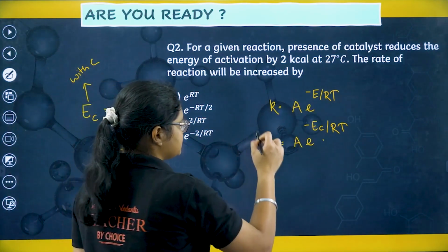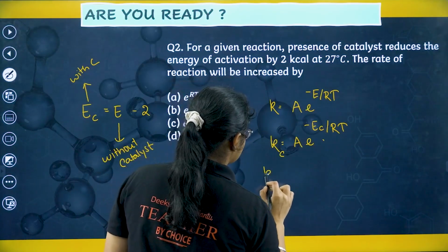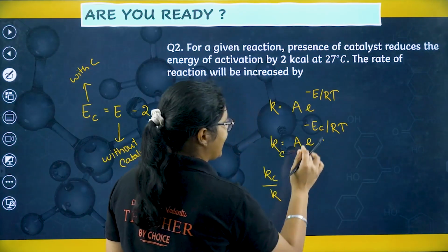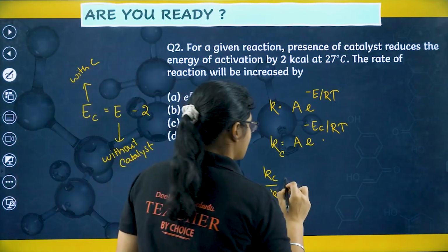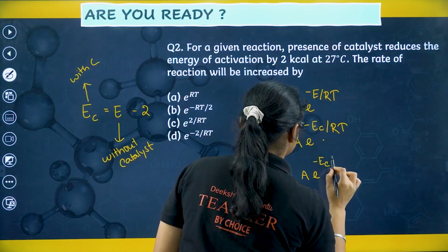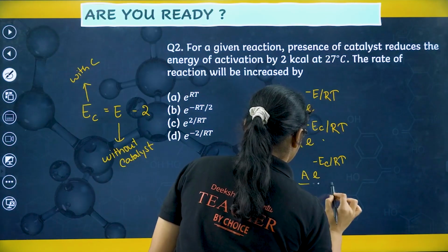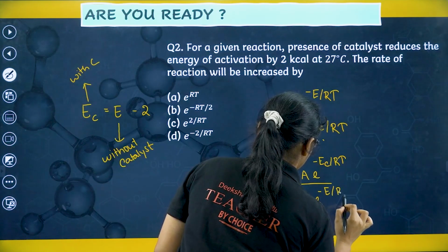So now let us divide this equation. If I divide Kc by K, when the activation energy is reduced, the rate of the reaction will definitely increase. So I can write this as A into e to the power of minus EC by RT divided by A into e to the power of minus E by RT.